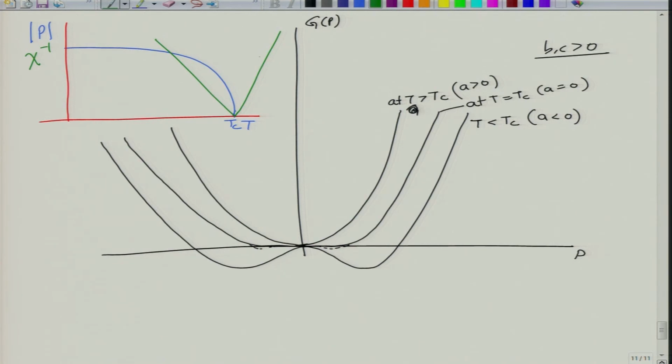So, it has a certain dependence at temperature above Tc, 1 over chi decreases to 0 at Tc and then again increases. And in terms of dielectric constant, if you plot dielectric constant, let us say epsilon r, you will have a divergence of dielectric constant at this value.